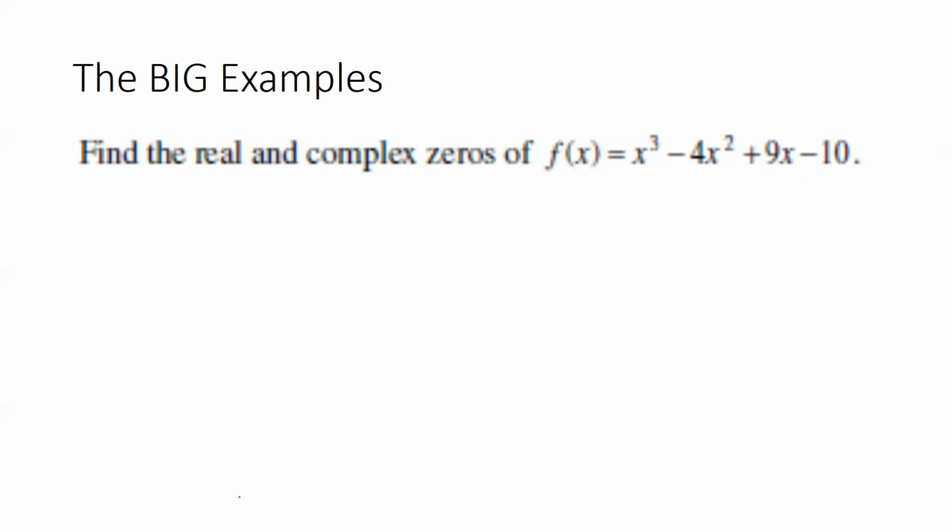So use the rational zero test, start guessing, find that first factor, and then you're going to have a quadratic left. Then go ahead and solve that quadratic, and then we'll talk about what comes out in the end. Okay? I'll give you a second to do that. So I want you to try it on your own first. Hit pause, go ahead and try that.